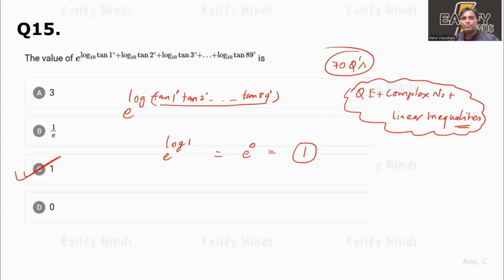Complex number also has topics like polar form, Euler form. Linear inequalities has no such concepts, only when the sign will change and when it will not change, and modulus properties, right? So try to revise from the notes, whatever you have. You have the notes with you.